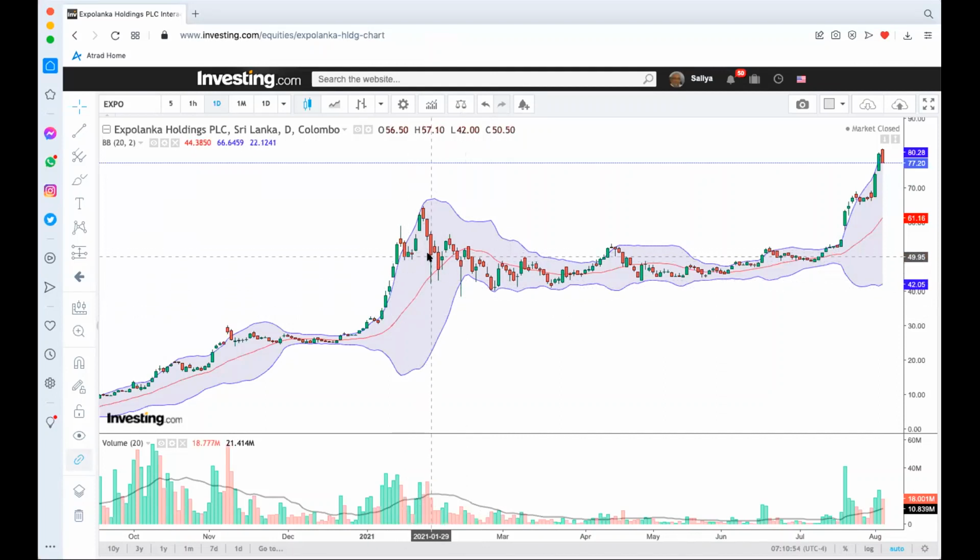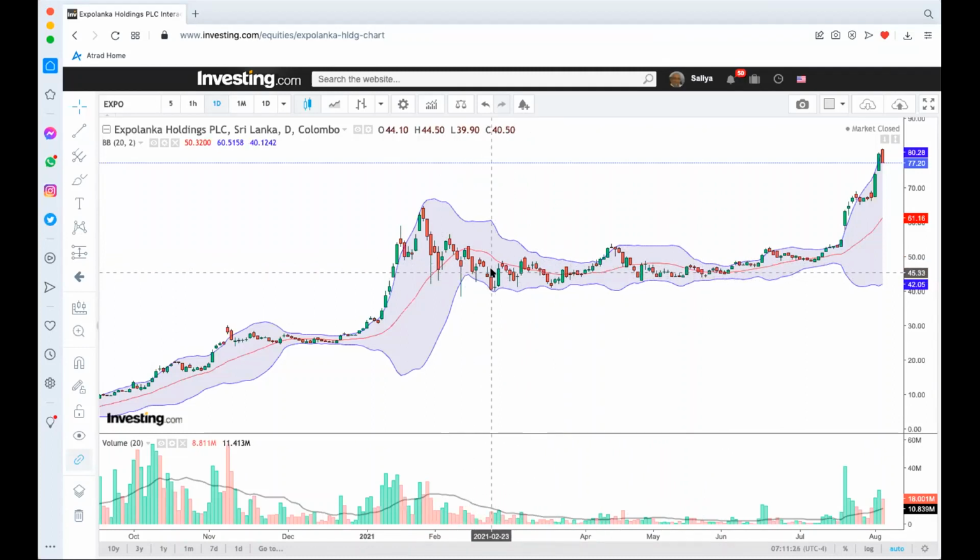In the case of the prices here in Expo Lanka, you can see the prices are walking within the bands over this period. So as long as the prices are going within a narrow range and the bands are also behaving within a narrow range, we can most of the time see that the prices are walking within the bands.